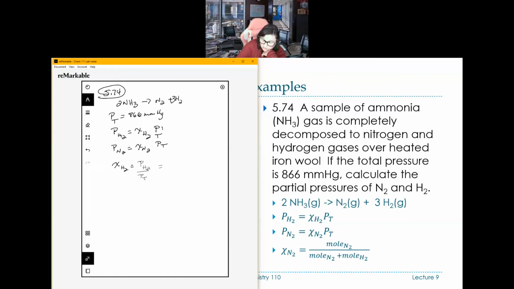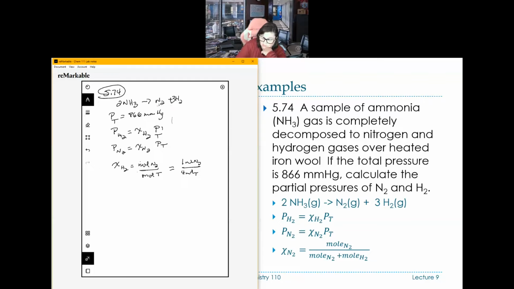Actually, never mind. Mole fraction of N2 is moles of N2 over total moles. From my balanced equation, I know that there's 1 mole of N2 for 4 moles total. And I know it's 4 moles total because there's 1 mole of N2 and 3 moles of H2. So it's 4 moles total. Okay.